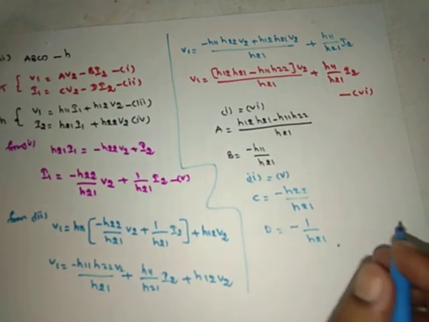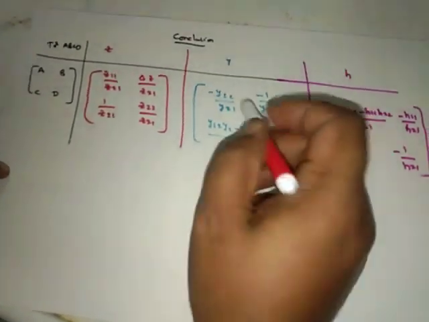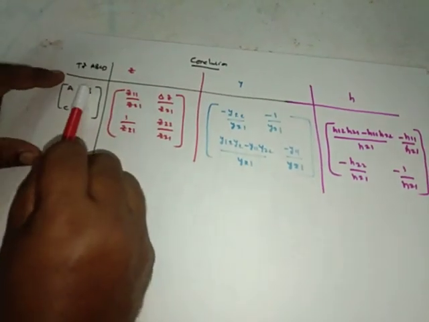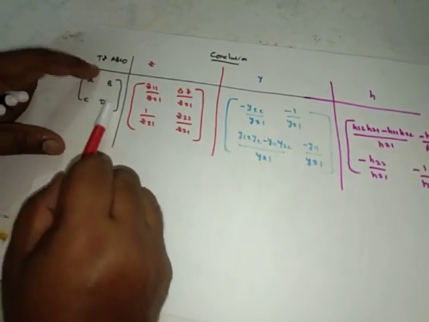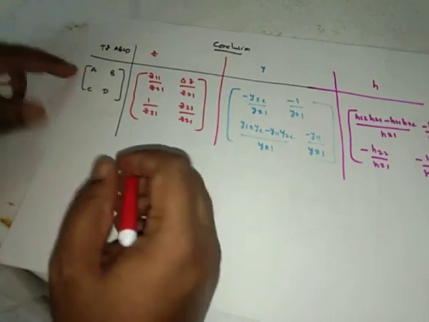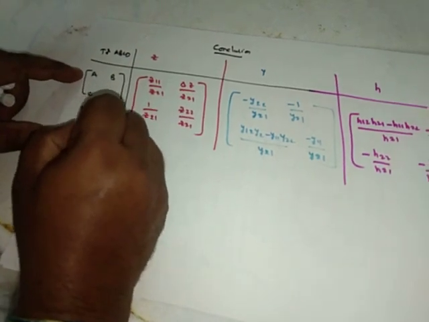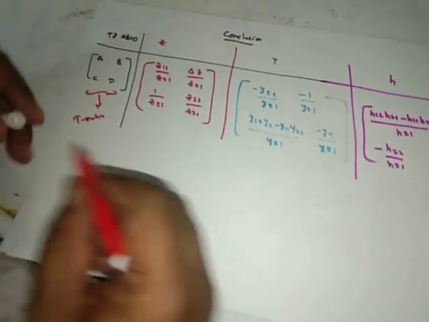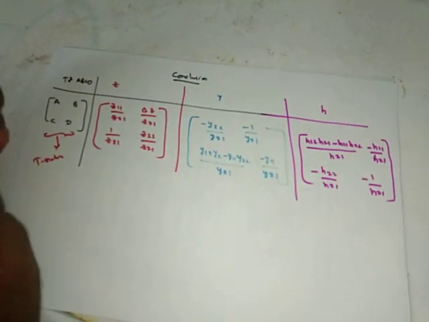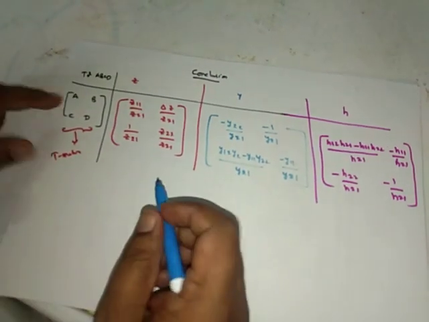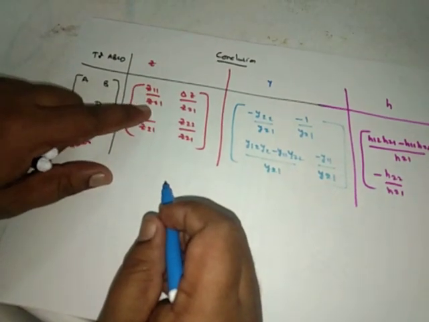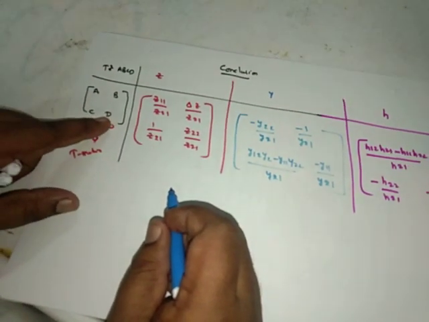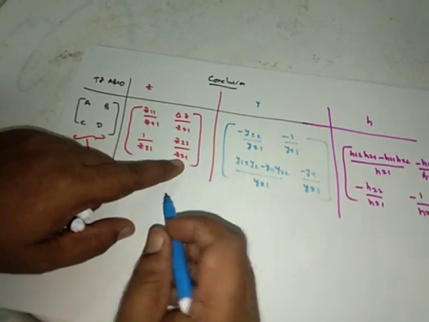Okay. Here final conclusion is we are converting or expressing T or ABCD parameters or T matrix, this is T matrix, in terms of remaining 3 matrices. This is Z matrix. So A is equal to Z11 by Z21. Similarly, D is equal to Z22 by Z21.